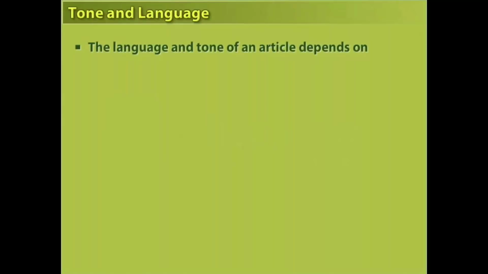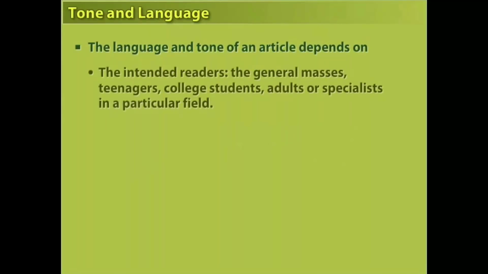Tone and language. The language and tone of an article depends on the intended readers: the general masses, teenagers, college students, adults, or specialists in a particular field.